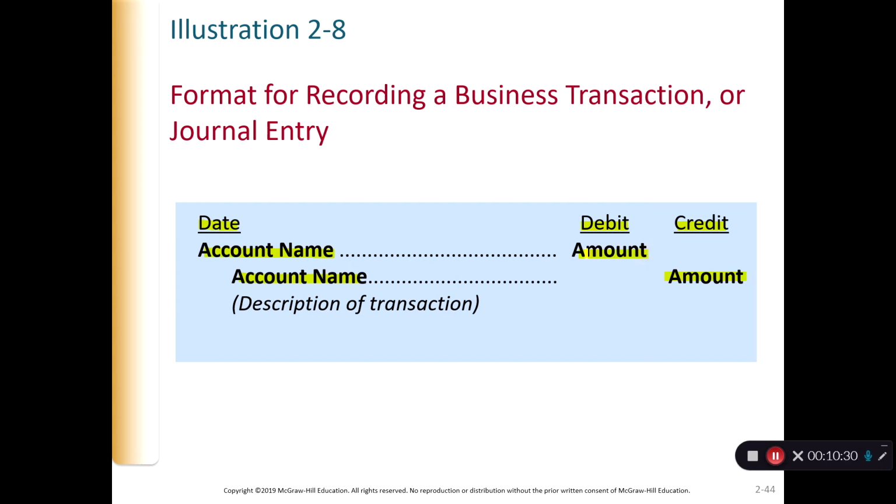So now in learning objective 3, instead of you telling me whether it's increasing or decreasing, are we going to debit it or credit it? How we decide whether to debit or credit depends on the DEALER rule. DEA accounts, meaning dividend, expenses, and asset accounts, we debit when increasing.